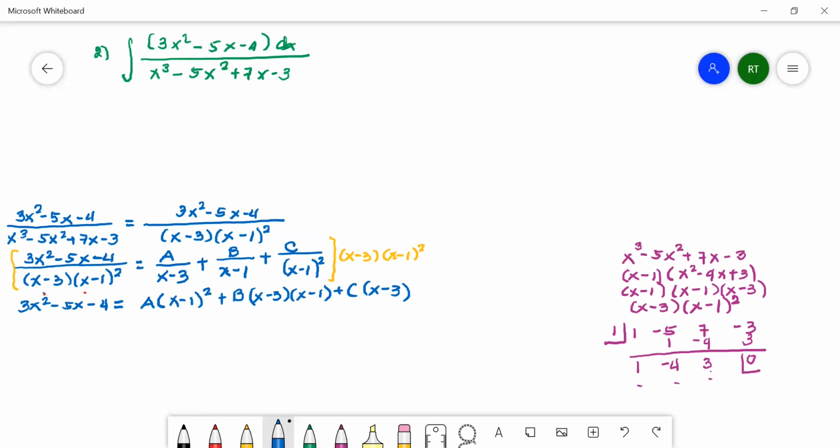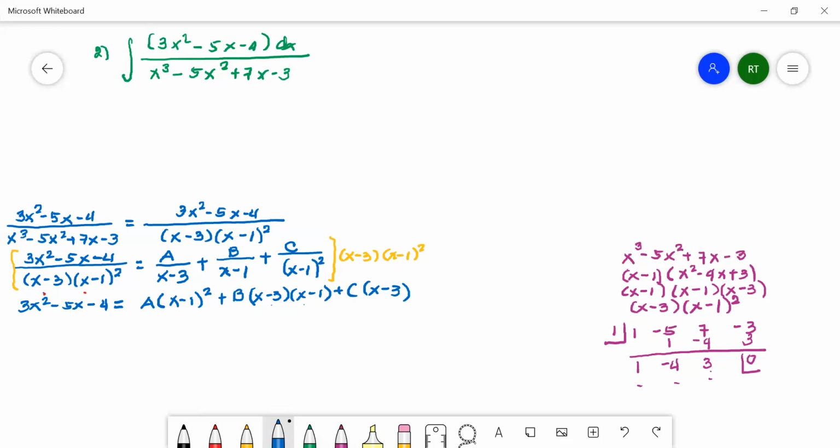Now we can have another form of the resulting equation by getting the expansion of x minus 1 squared and multiplying x minus 3 and x minus 1. Why is there a need to do that?